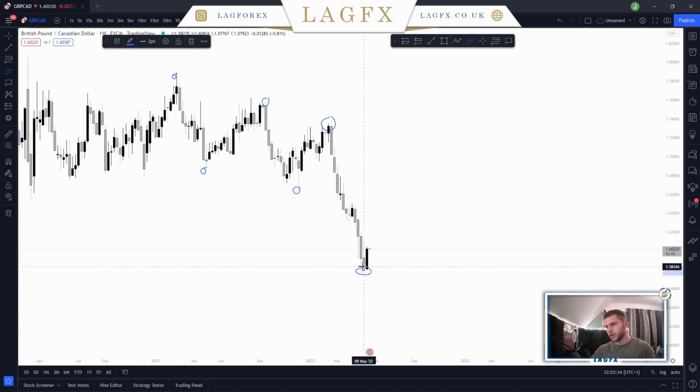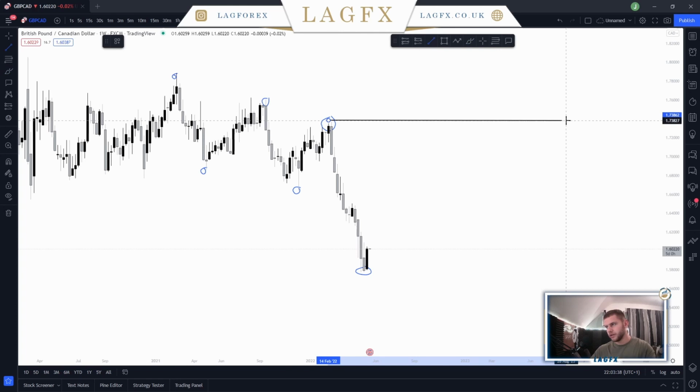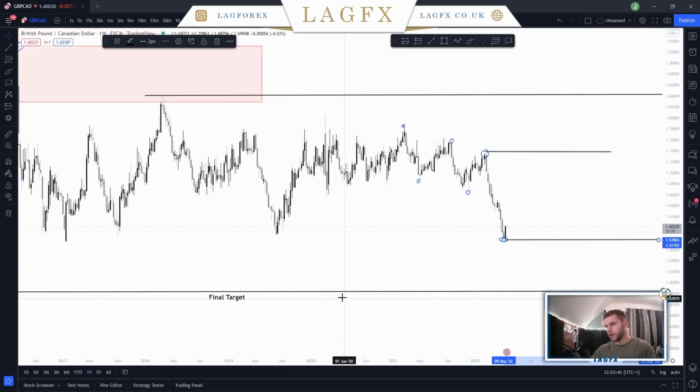So if we were to look inside of this, as of current, this is now our invalidation point. This is our intermediary final target. However, overall, our final target is down here.